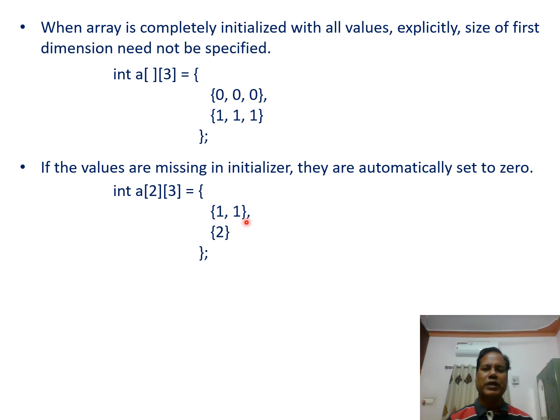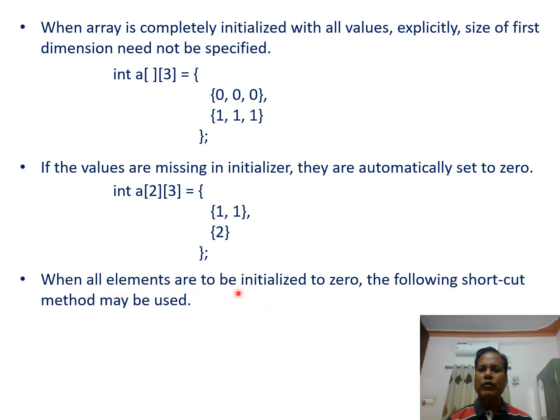Only two elements are initialized, as 1 1. The third value is missing, so that is automatically set as 0. In the second row, only the first element is initialized. It means that the second and third elements are set as 0 0.